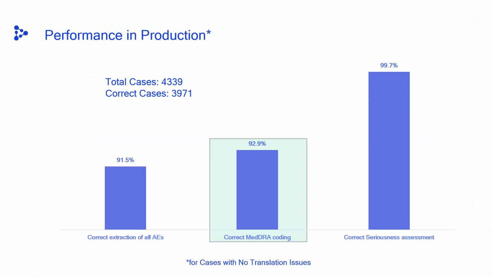Along with it, the NLP performance also affects the coding performance, and I'm showing the correct extraction of adverse events using NLP. Unless this is high, you can't get a really high score here. So that's the production performance today, and we are very happy with it. We keep continuously improving these algorithms, but today we are at a stage where it is usable in production.